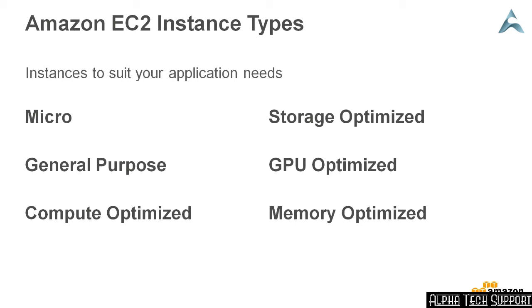You may have a micro, general purpose, compute optimized, storage optimized, GPU optimized, or memory optimized. So what is the difference between them? Let's explore. For example, if you are building a game application that could be hosted on the web, as a Facebook game, or any other type, your application requires the utilization of GPU graphics.